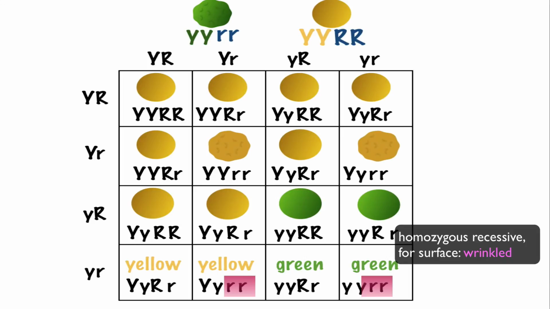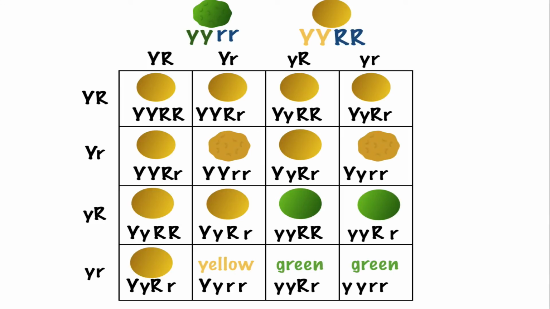Recessive, meaning homozygous recessive for the surface, meaning they're going to be wrinkled. So I'll have a yellow smooth, yellow wrinkled, green smooth, and green wrinkled. Okay, so I hope that this has been helpful for you in trying to figure out what the possibilities are for the various phenotypes being expressed.